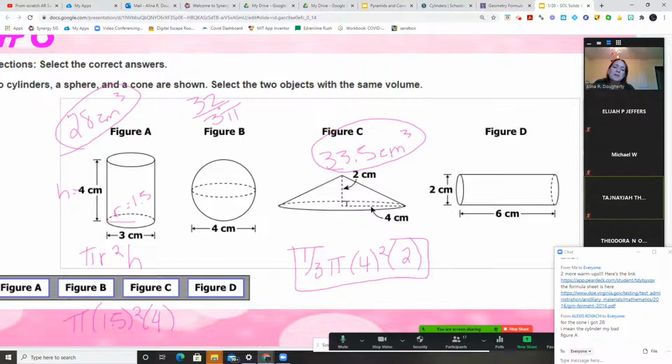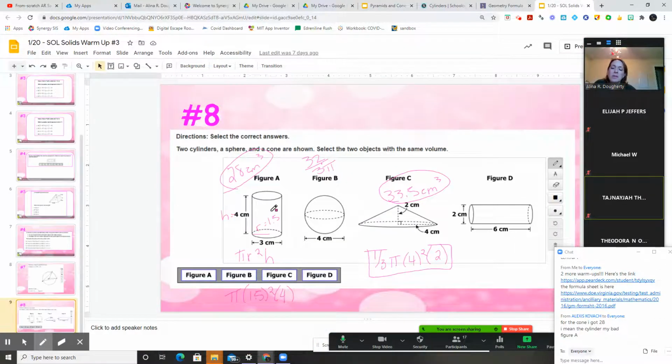So the pi is going to be multiplied. It's not going to be in a denominator. So when you do that, it's going to be 32 over 3 times pi, I think. 32 over 3 times pi. So let's see how that works out.